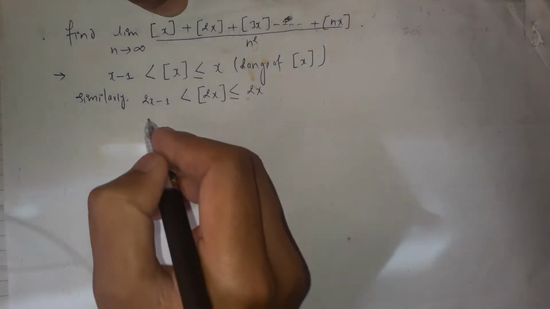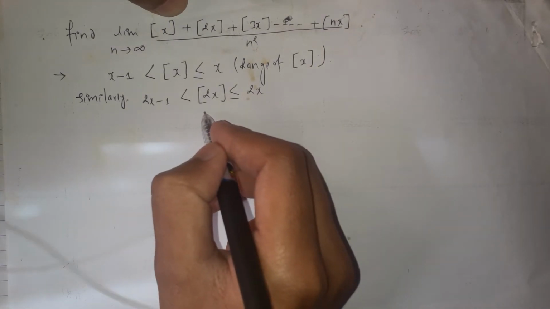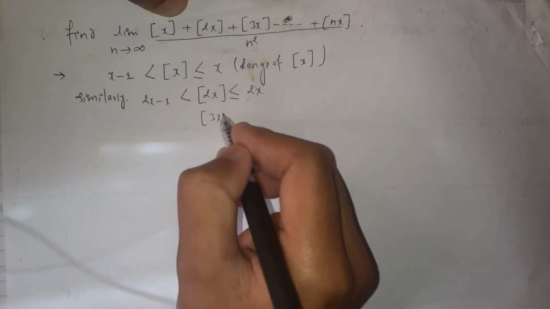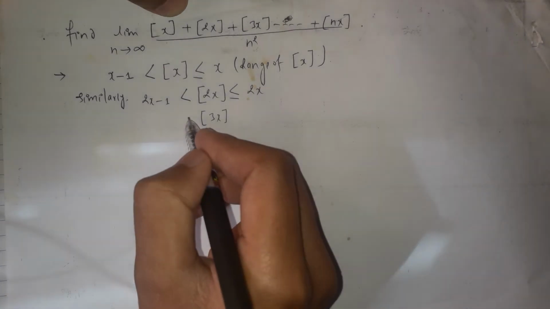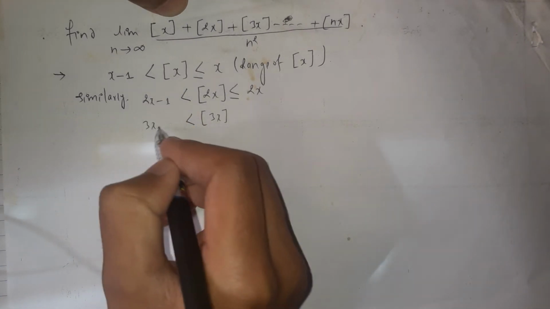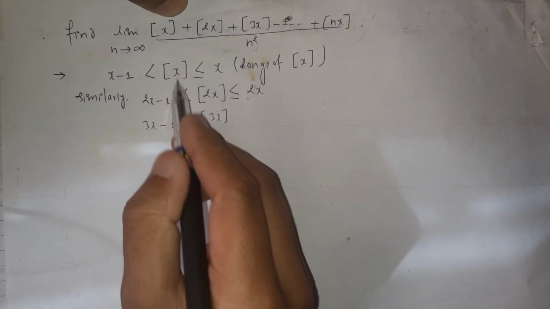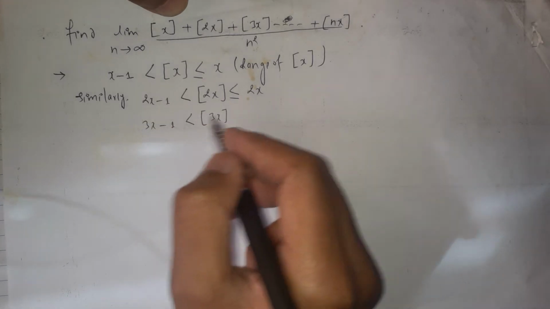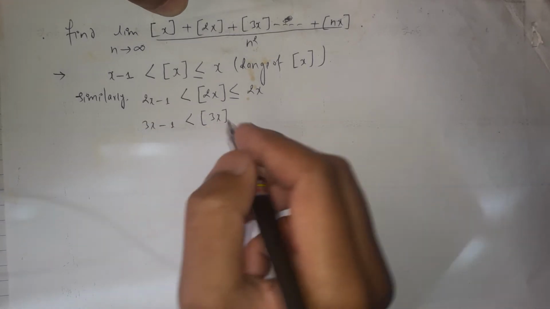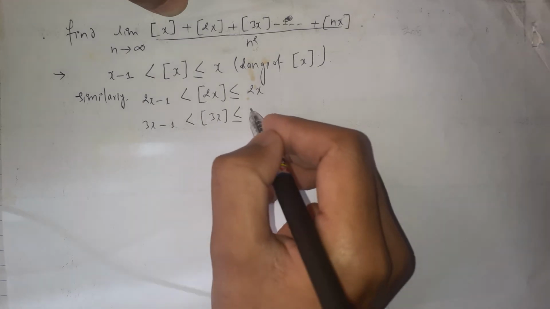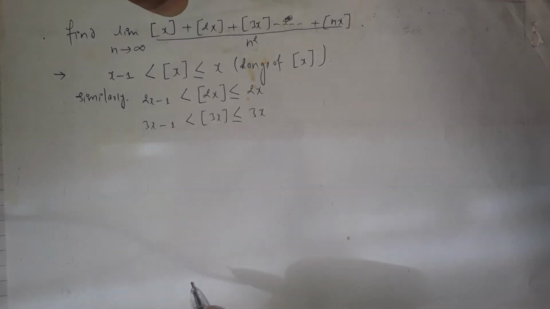Similarly, the greatest integer of 3x is greater than 3x minus 1, just replacing x by 3x, and it is less than or equal to 3x.